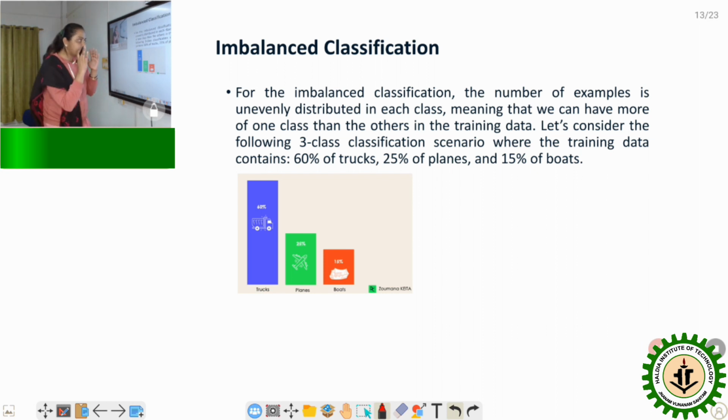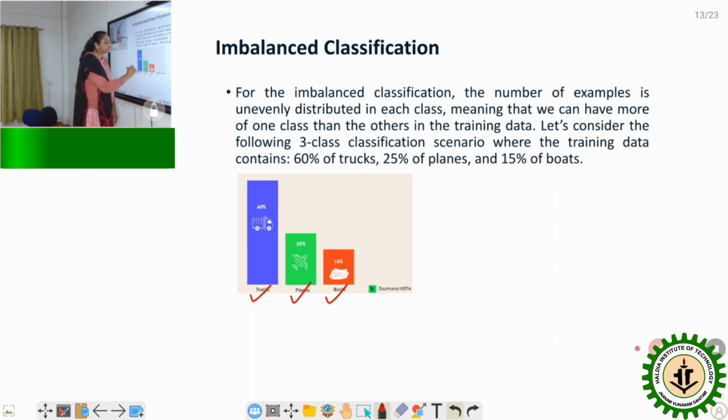Let's take an example of the distribution of the percentage of instances of different classes. Here we have three classes: one is the truck, another is the planes, and another is the boats. Suppose 60% of instances belong to the truck class, 25% belong to the plane class, and another 15% belong to the boat class.